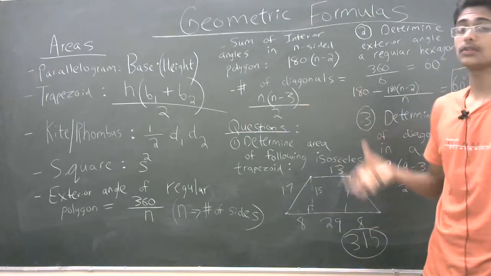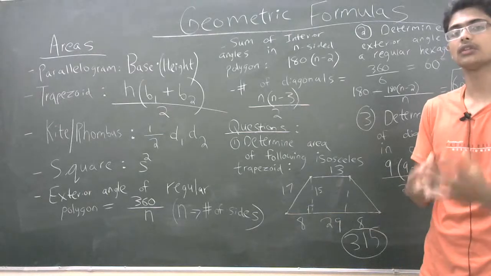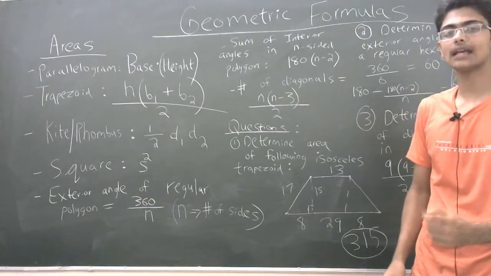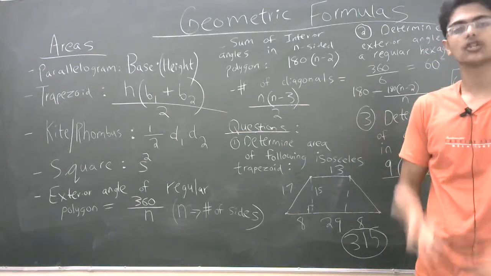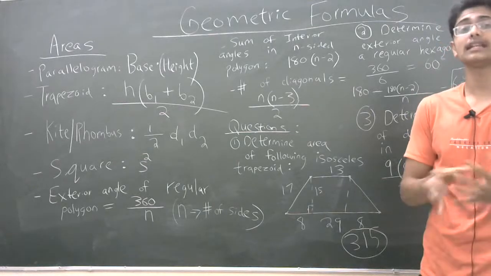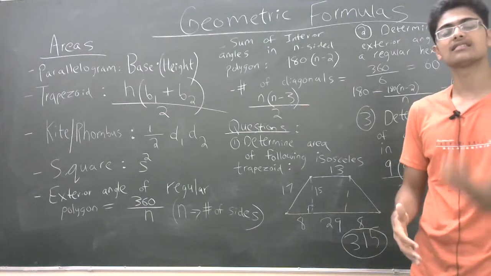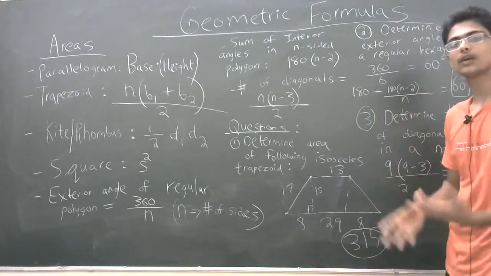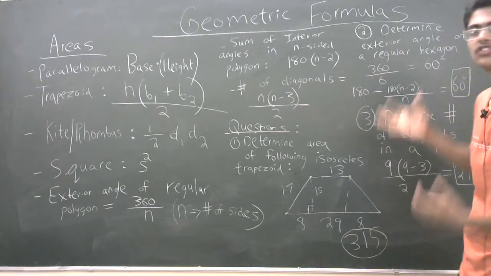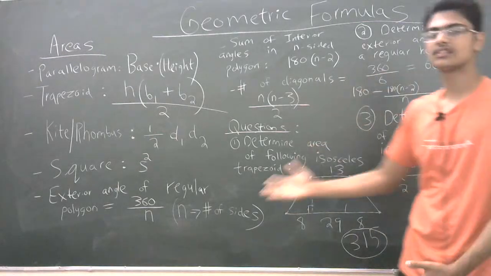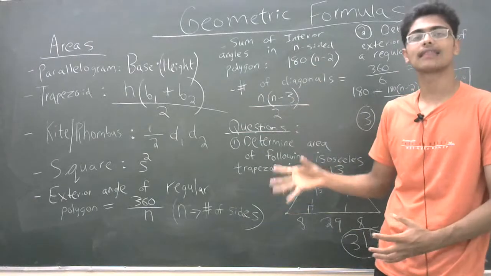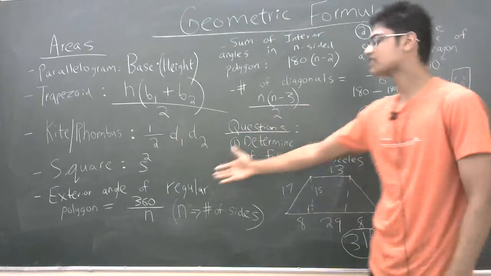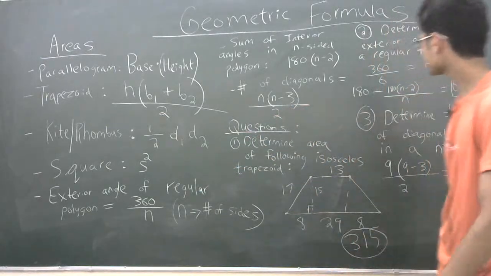But you know that it's regular, so whatever result you get, divide that by n, in this case 6, to determine each interior angle. In this case, that value would be 120 degrees. Subtracting that from 180 degrees, you get 60 degrees, because the sum of an interior angle and an exterior angle is 180 degrees. Whether you use 360 divided by n or this formula and then subtract that value from 180 degrees, your answer should be the same. But obviously, we all prefer 360 over n because it's a much quicker method.